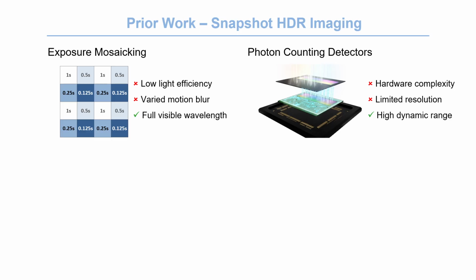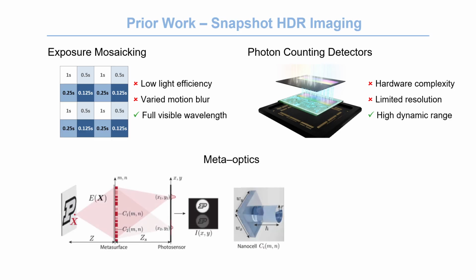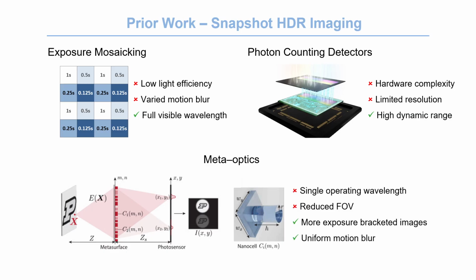More recently, meta-optics-based HDR imaging has emerged, offering improved dynamic range with reduced reliance on complex post-processing. But these works only report single wavelength operation, hindering their use in real-world scenarios. Therefore, there are always trade-offs between motion blur, hardware complexity, and operational bandwidth with current methods.